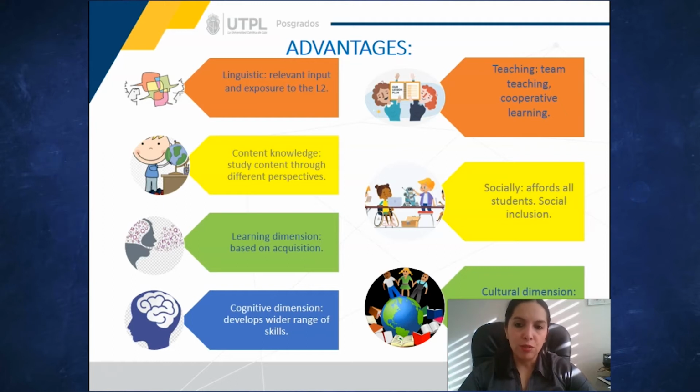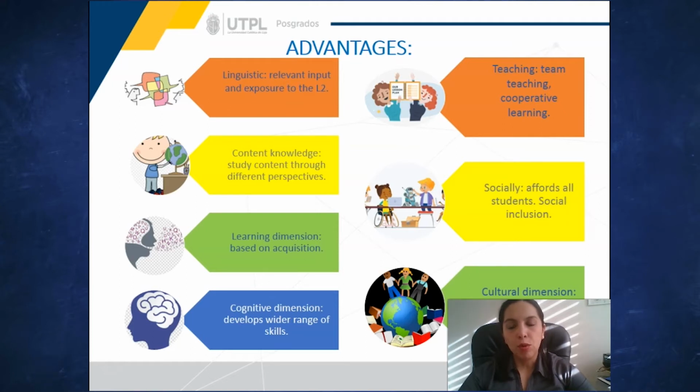On the teaching front, this educational approach is applicable to all educational approaches and on all educational levels. It brings a modernization of classroom pedagogy.